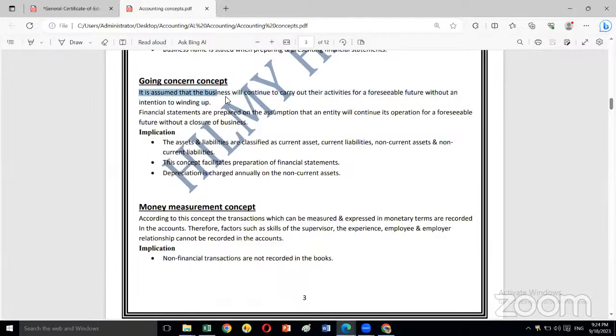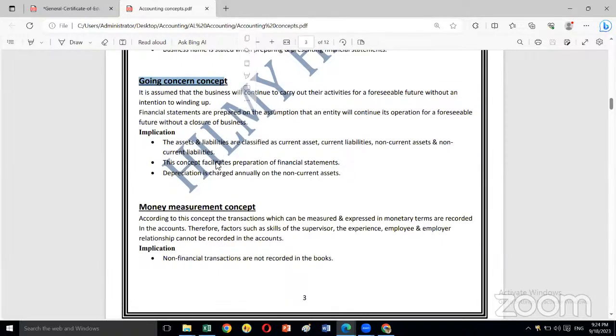It is assumed that the business will continue to carry out its activities for the foreseeable future without an intention of winding up the business. So I don't have an intention to close the business. I am going to continue the business for a long time period. So that is the assumption here, the going concern concept.